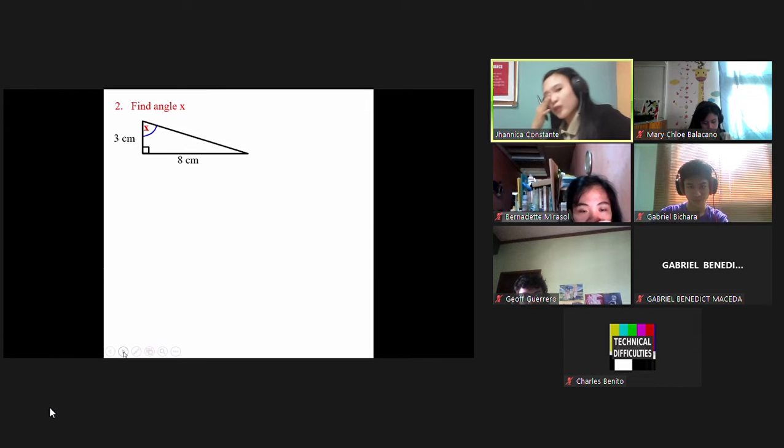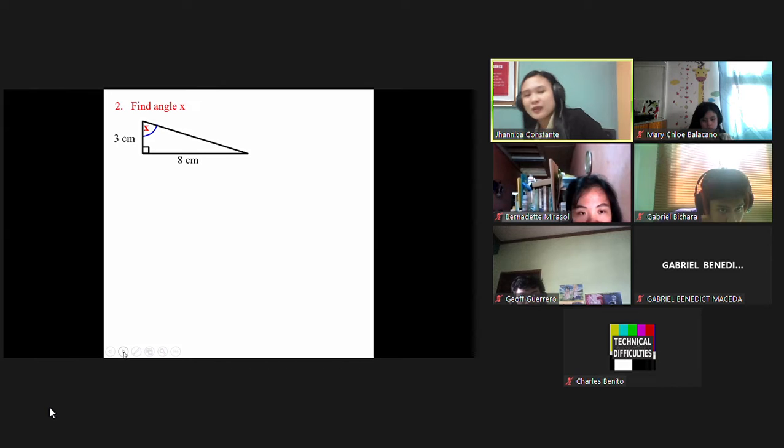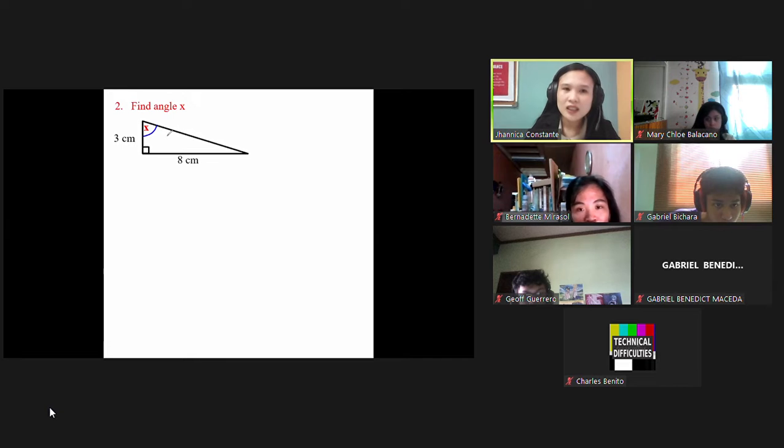For example, we're going to find the angle X. We have the sides of a triangle that measure 3 centimeter and 8 centimeter. So looking at the given, we know that this is the hypotenuse. The side facing the angle that we're going to solve is our opposite.